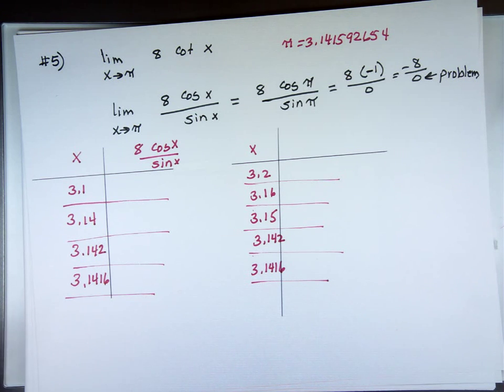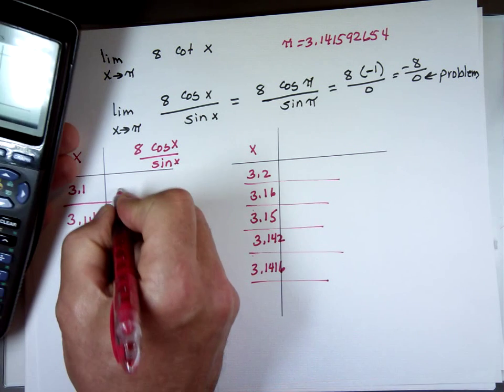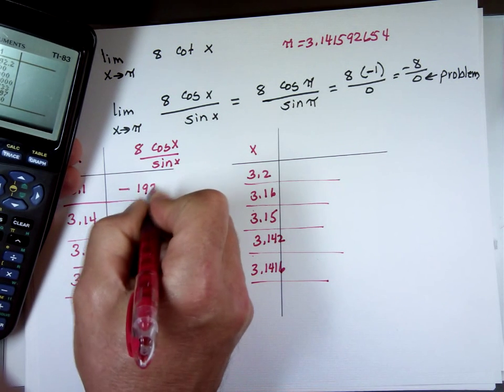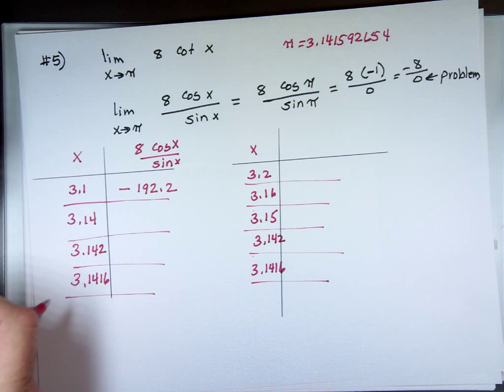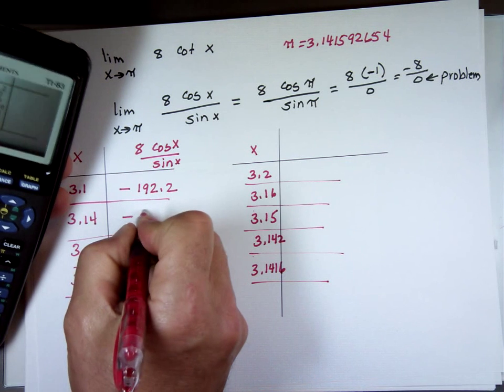Let's try 3.1. Make sure you're in radian mode. I got negative 192.2. 3.14 gives negative 5023.